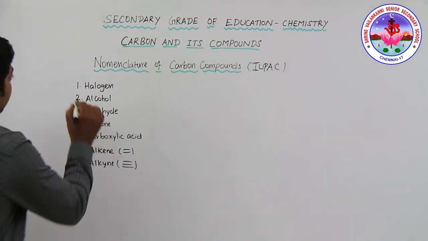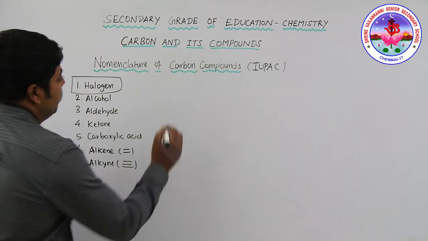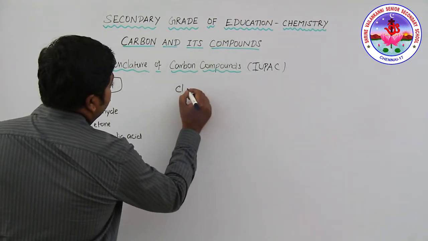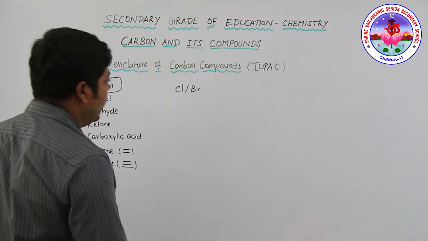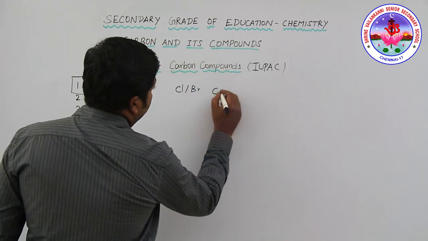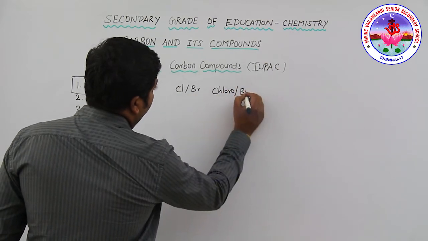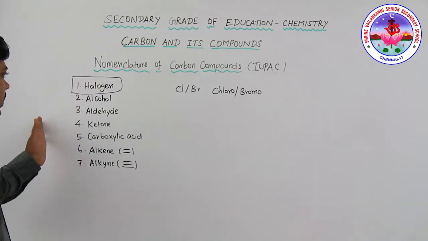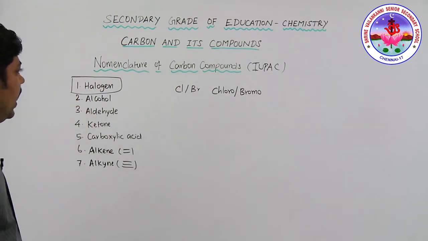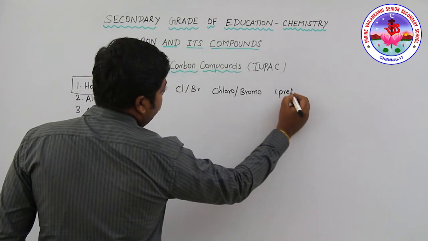For halogen compounds, the functional group can simply be written as Cl for chloro, Br for bromo. They end with an O sound: chloro, bromo, and iodo, like this. These are the prefix forms.